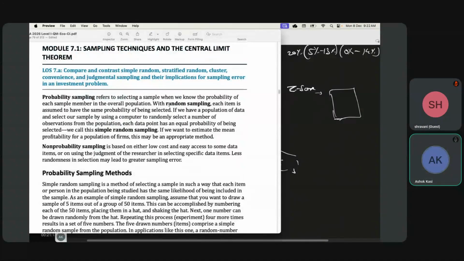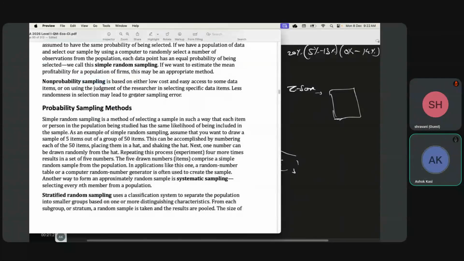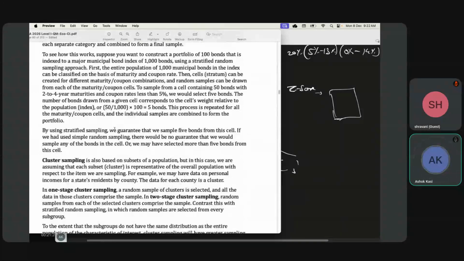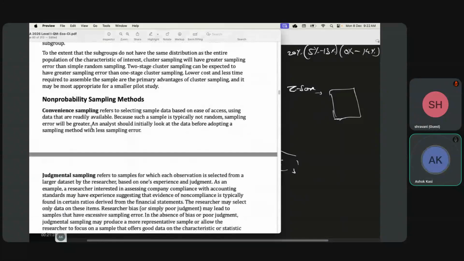Probability sampling includes random sampling, systematic sampling, stratified random sampling, cluster sampling.